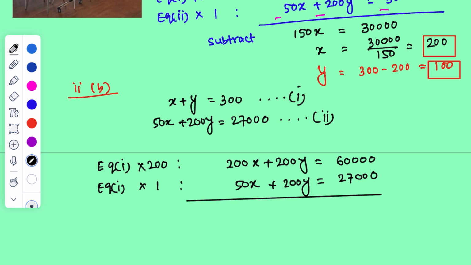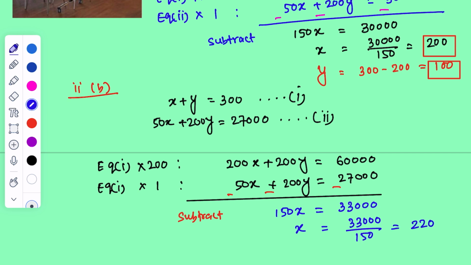Subtracting, we will get 150x is equal to 33,000, or x is equal to 33,000 divided by 150, that is equal to 220 chairs.